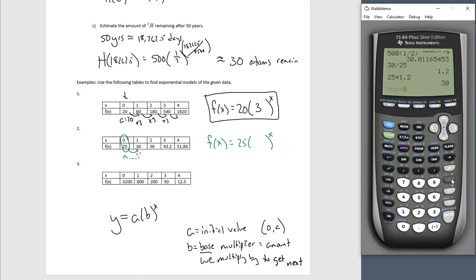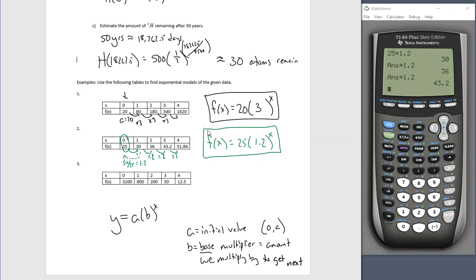What if we multiply 30 times 1.2? 36. And I bet you can guess what happens to 36 when we multiply by 1.2. We get 43.2. So you might not be able to see the pattern going forward. I don't know what I multiply by to get this, but I can divide, and 30 divided by 25 equals 1.2. So now I check each one of these, and I see that I multiply by 1.2 each time. That will be my b value.